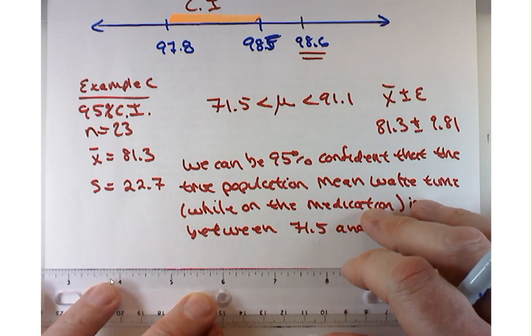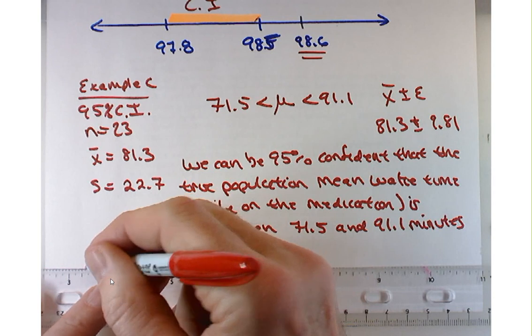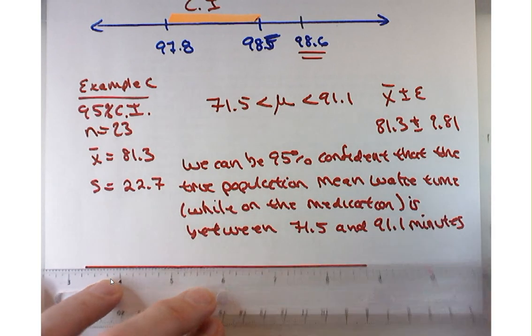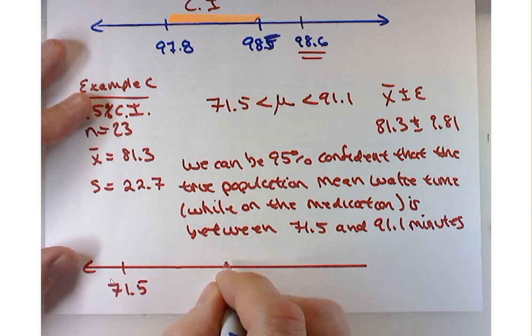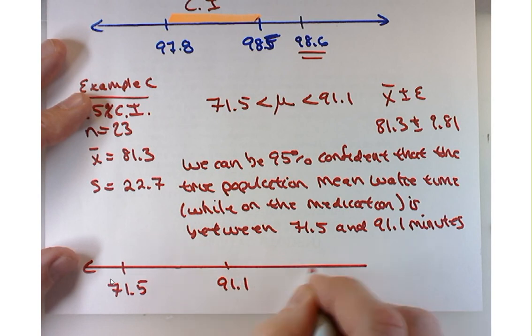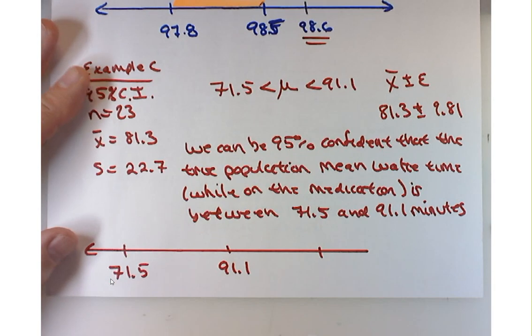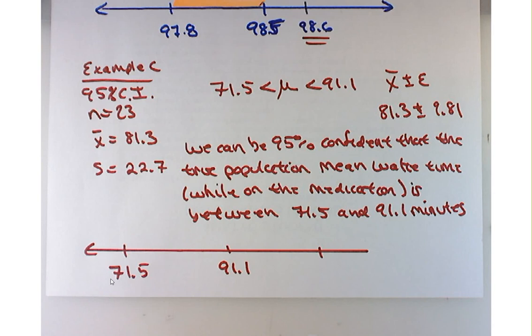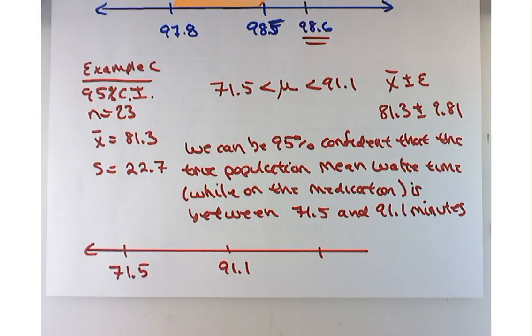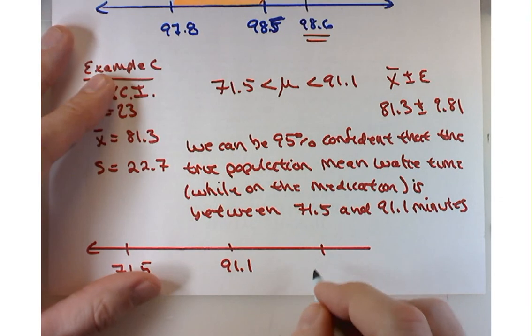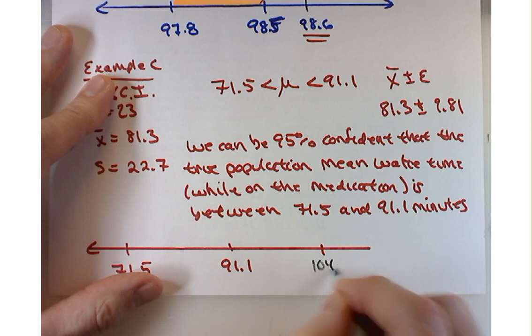Let's take a look at a graph of this. That's going to go down to 71.5, and then over here we have 91.1, and up here we've got the before time, before this experiment was done. Before wake time was 104, so 104.0.